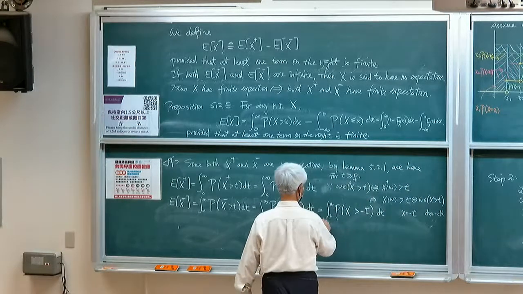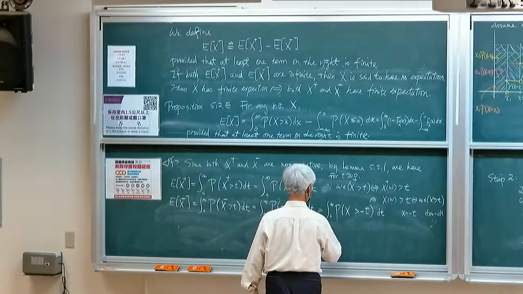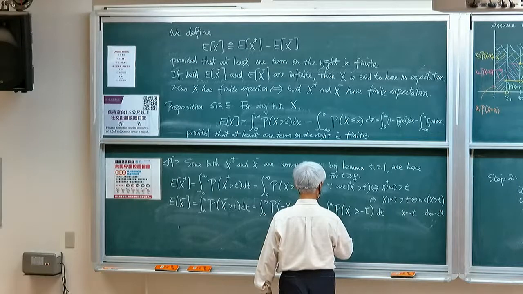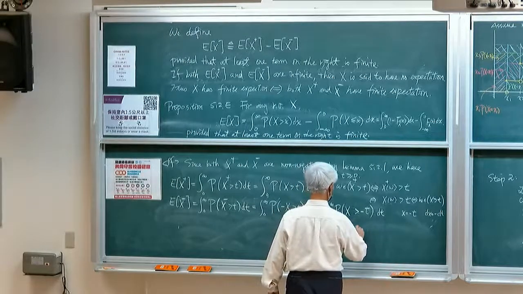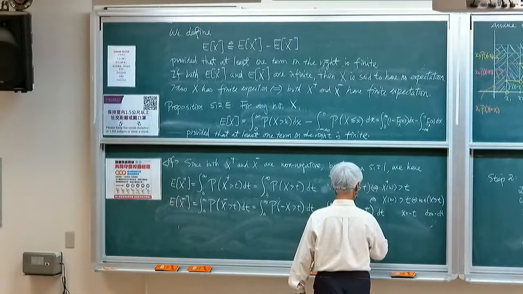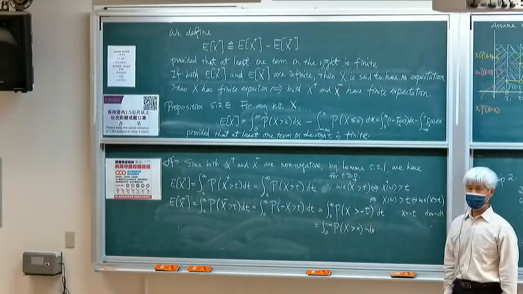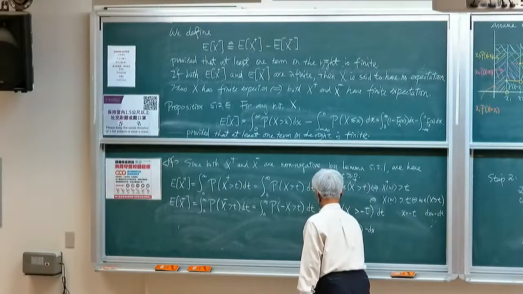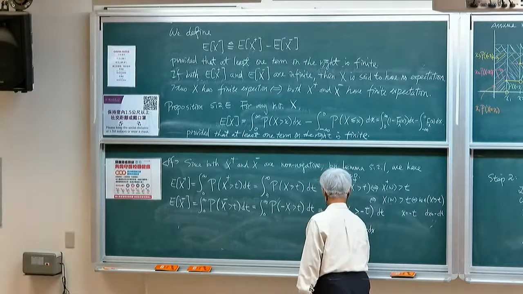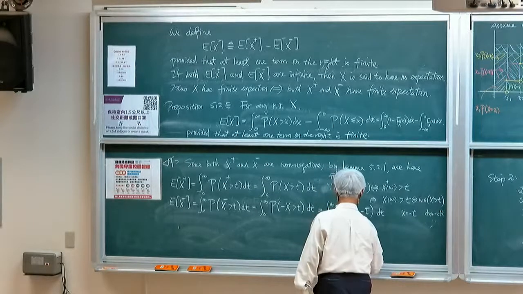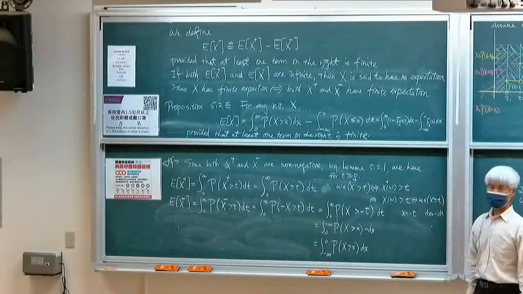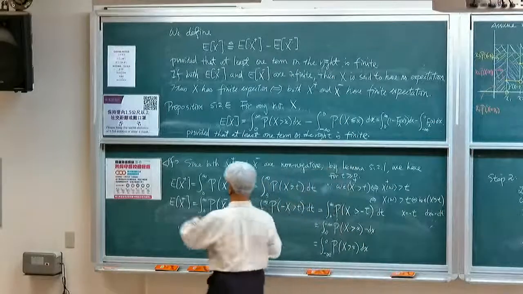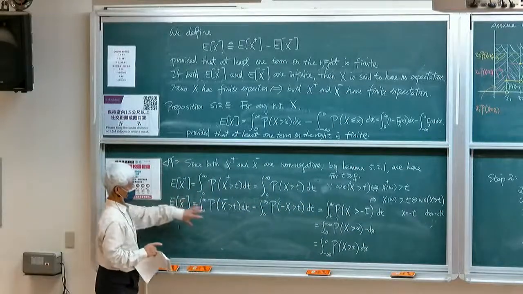And so this becomes the integral from 0 to minus infinity of the probability X less than little x, minus dx here. All right, and so we reverse the direction. So this is minus, probability of X less than little x dx here. So this expectation is equal to this one.